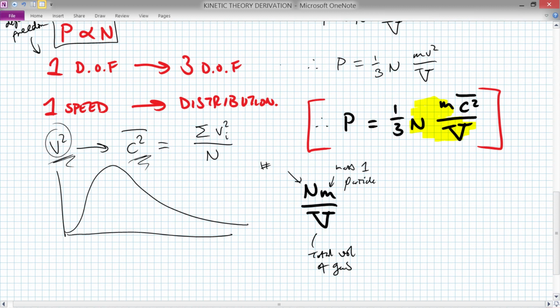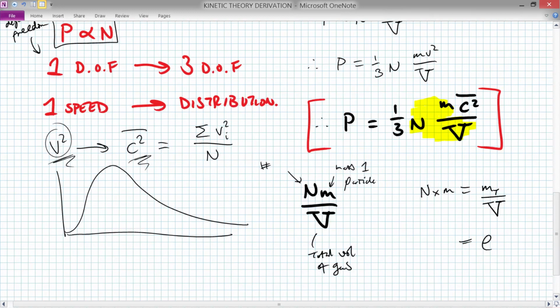The number of particles multiplied by the mass of one particle is equal to the total mass of our gas. If I divide that by the volume of our gas, that's equal to the density of the gas, which is really, really useful.